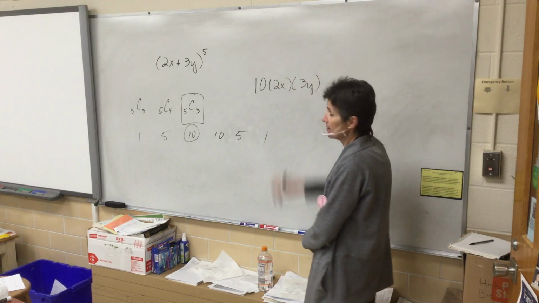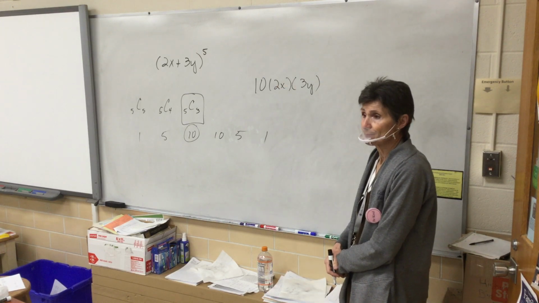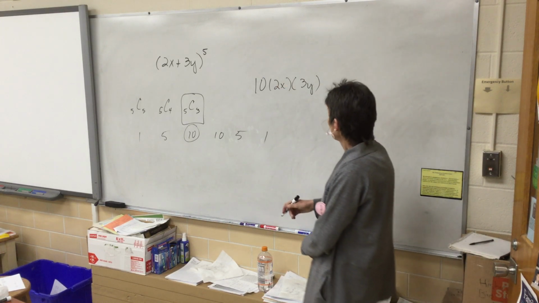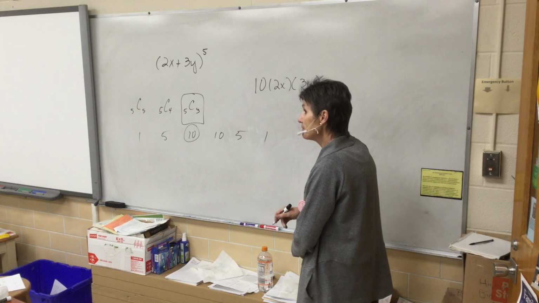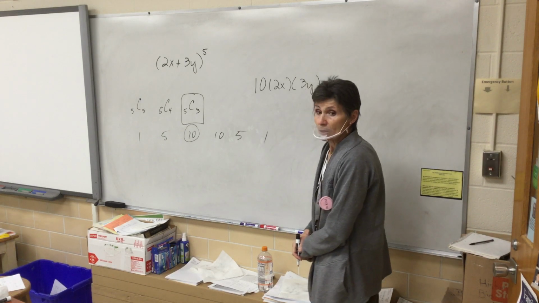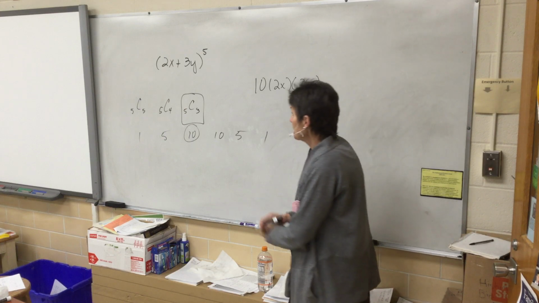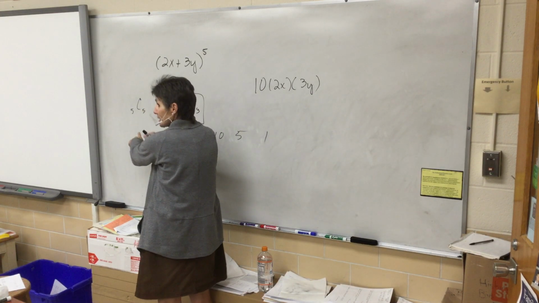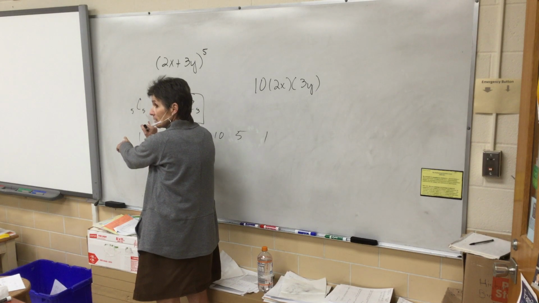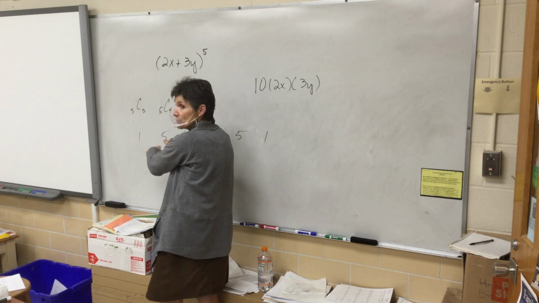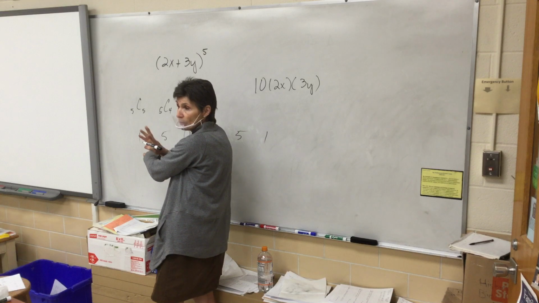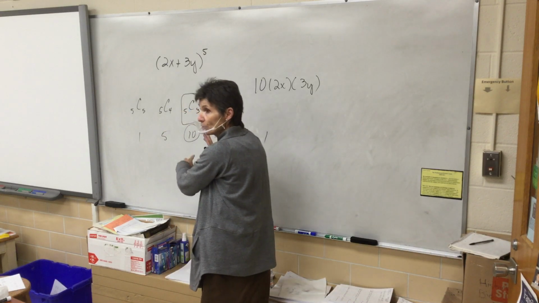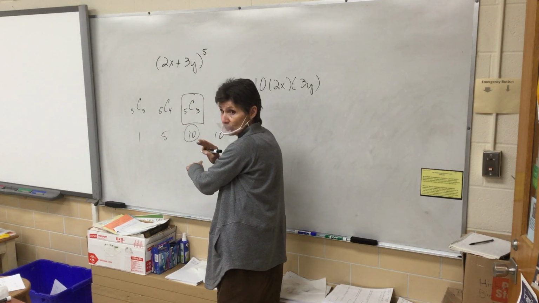What are these powers going to be on the third term? To the fifth? Sarah? Okay, now be careful. In the first term, the 2x would have a 5. But in the second term, the 2x would have a 4. And in the third term, it will have a 3.